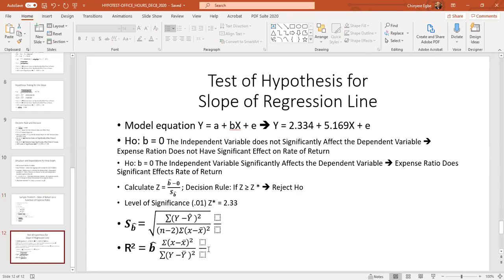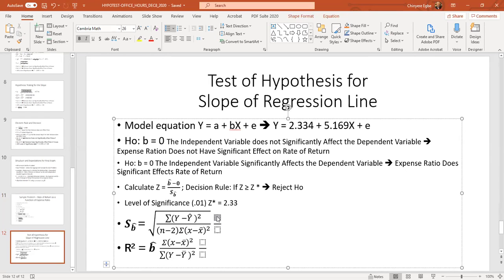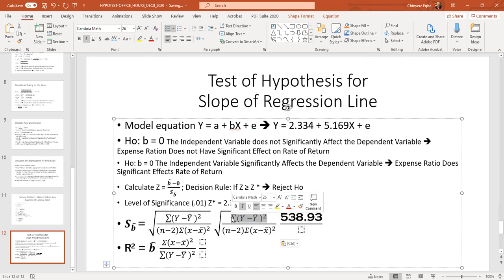You take it and plug it in here. I will replace this with 538.93.